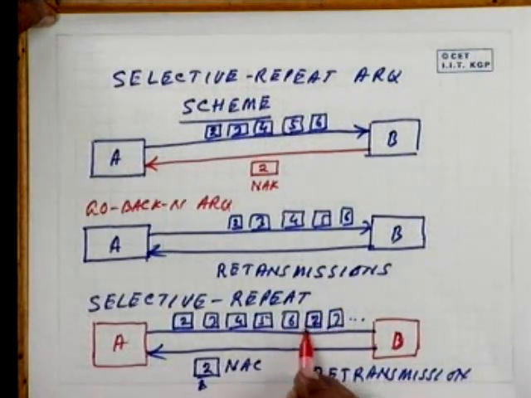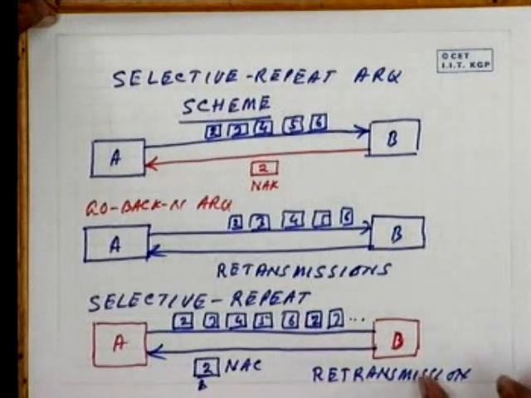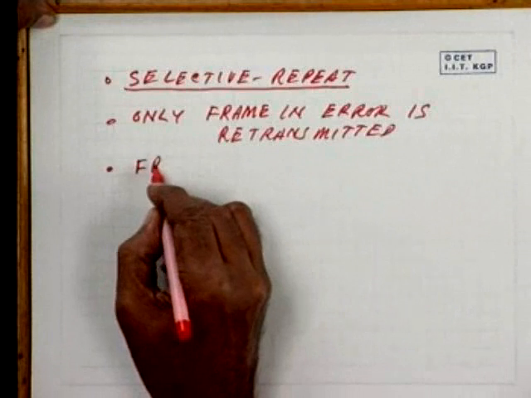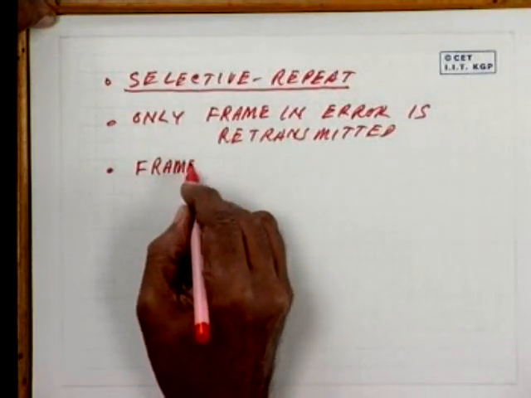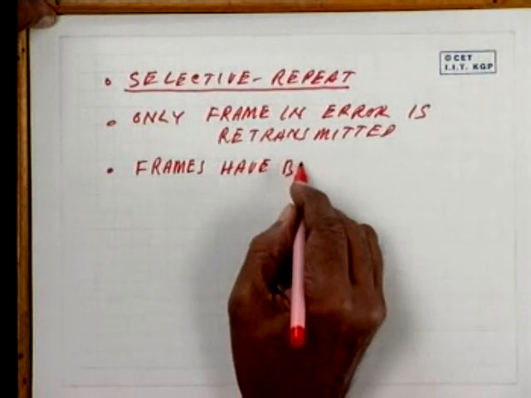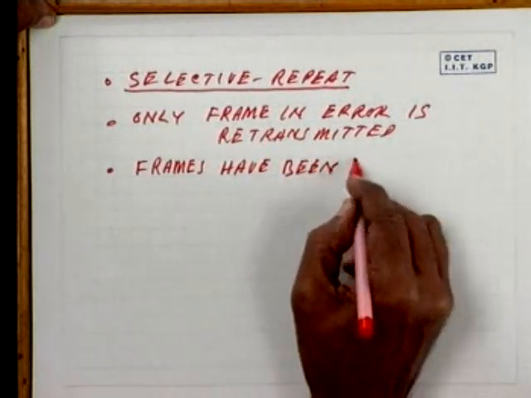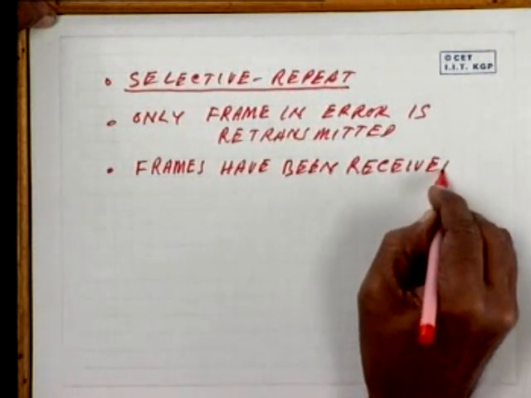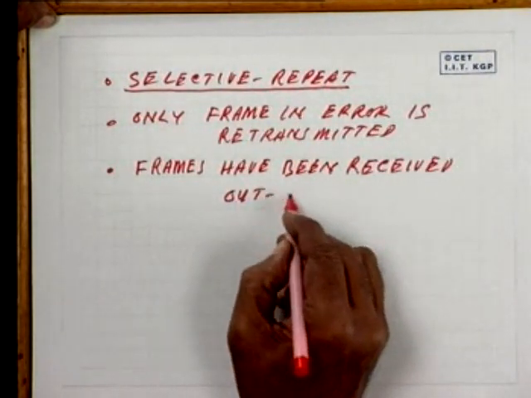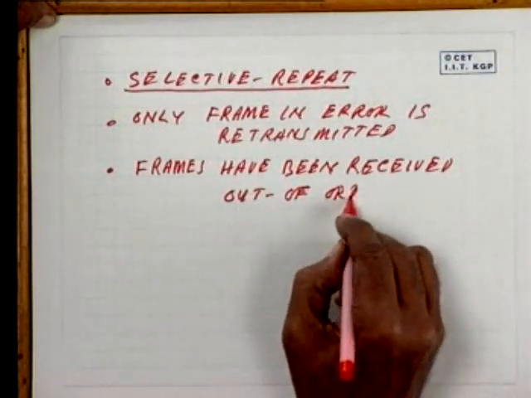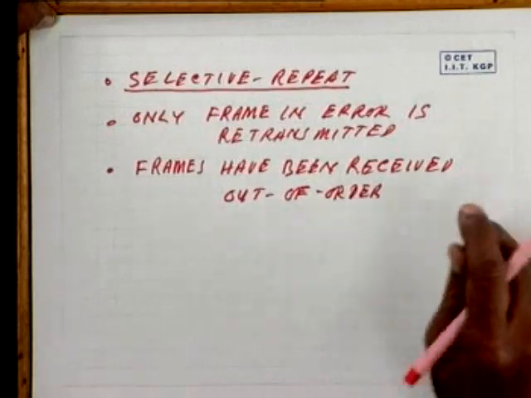That means 2 has been received out of order in this case. Frames have been received out of order. How do you take care of it?